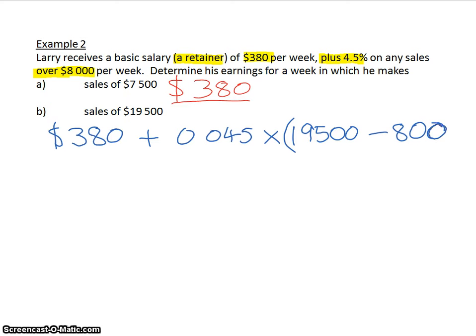So if he sells $1 over 8,000, he gets 4.5 cents.